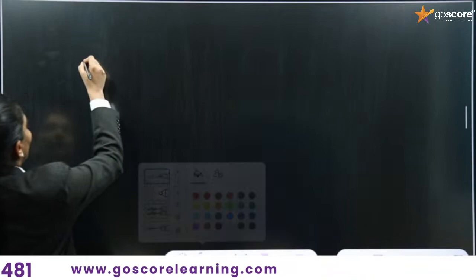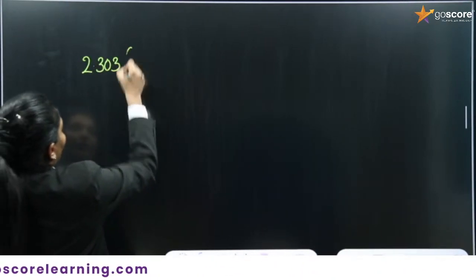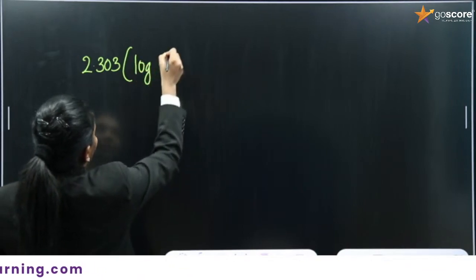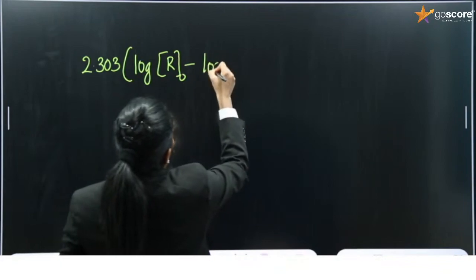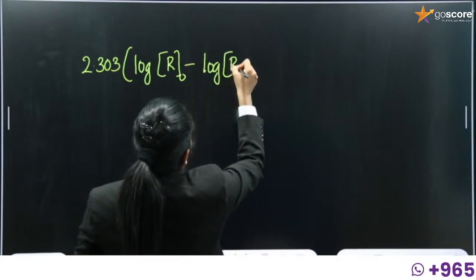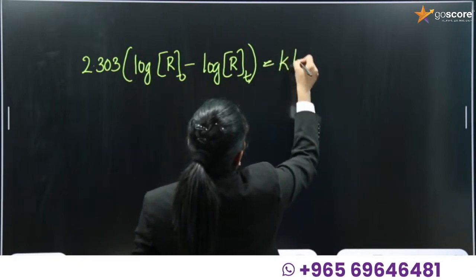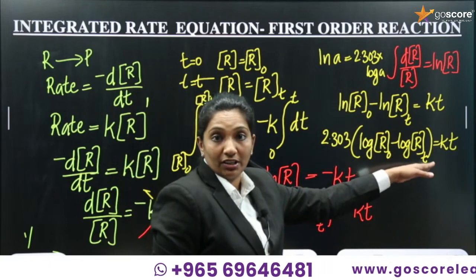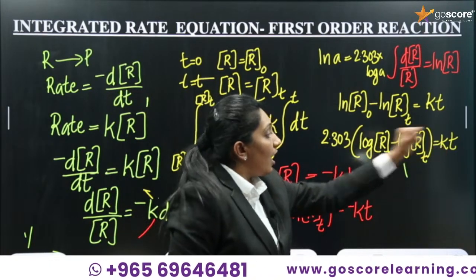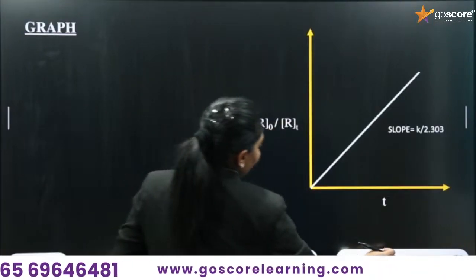So, we are writing it as 2.303 log R0 minus log RT is equal to KT. Got the equation that we got here. Okay.